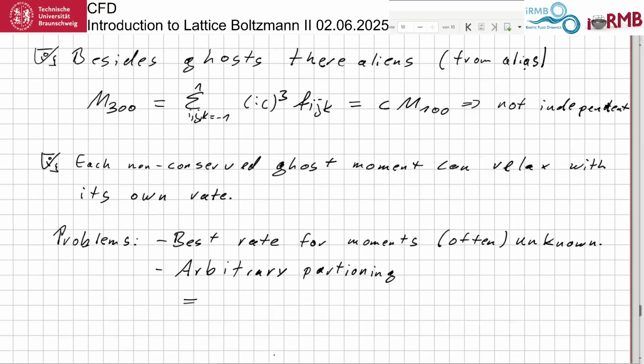For example, the partitioning is how you define your moments. If you do it the way that I've written them down up there, this is not invariant under rotation. So if you look at this in a different coordinate system, you get a different result, and even more problematic, it's not Galilean invariant.